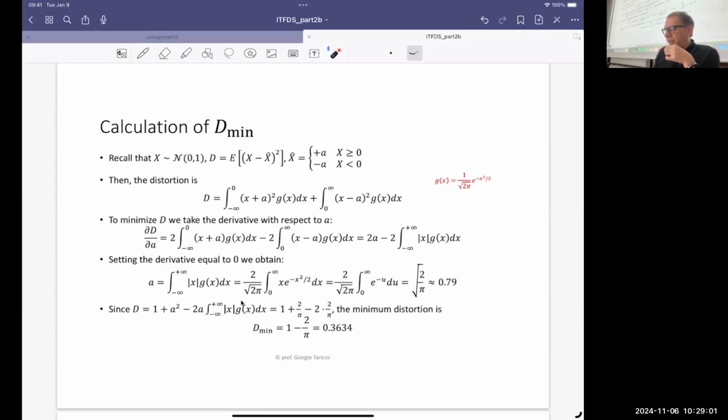And if we expand these two integrals, we obtain that this is equal to 2a minus 2 times the integral from minus infinity to infinity of the absolute value of x, g of x dx, which is the expectation of the absolute value of x.